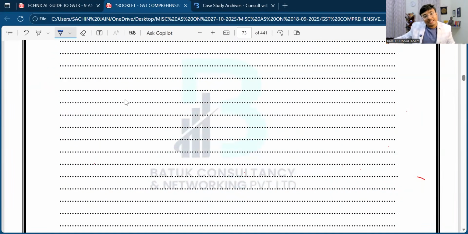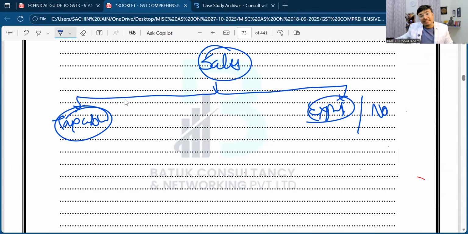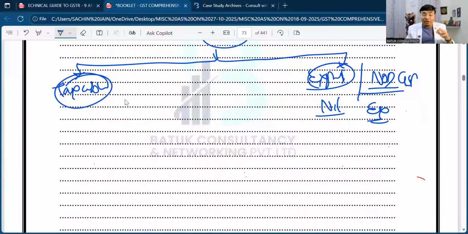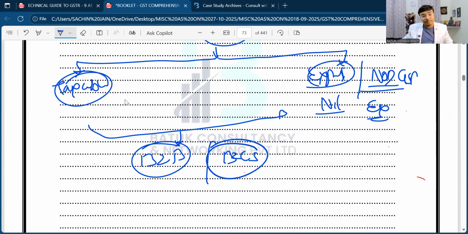Okay. Sir, sales. There may be chances that I may make the sales of taxable product and exempted product. When I am talking from the perspective of exempted, it includes non-GST, nil rated, and exempted. When I am talking about sales of taxable and exempted, there may be chances I am supplying to B2B or B2CS.